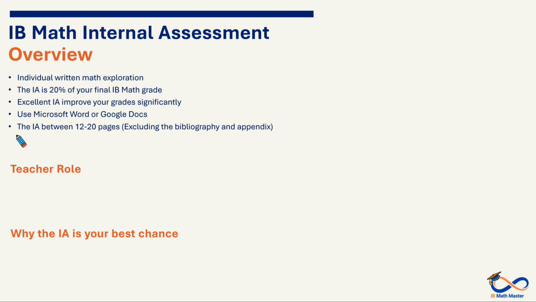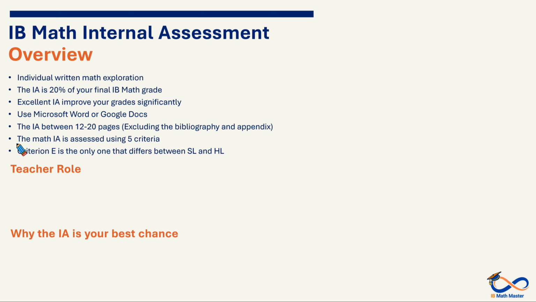Next, your IA should be between 12 and 20 pages, excluding the bibliography and appendix. Now, of course, there are really very good IAs that went beyond 20 pages, but I strongly recommend that you stay within this range, between 12 and 20 pages, to meet this IB criterion.